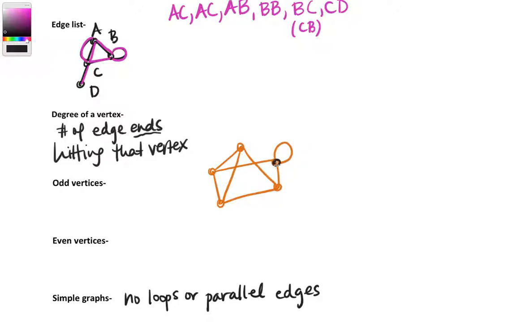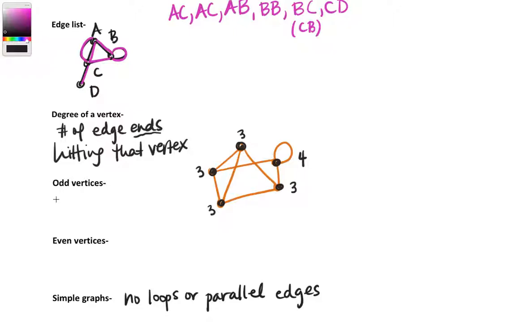For instance, this vertex here, we've got one edge coming in from the left, one coming in from below, and then that loop hits it twice. So this one has degree 4. Here, we've got 1, 2, 3 edges. Here we've also got 3 edges, and 3.